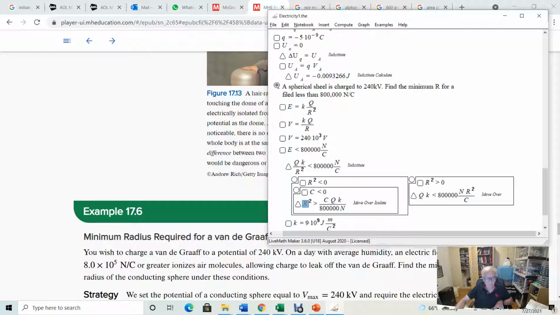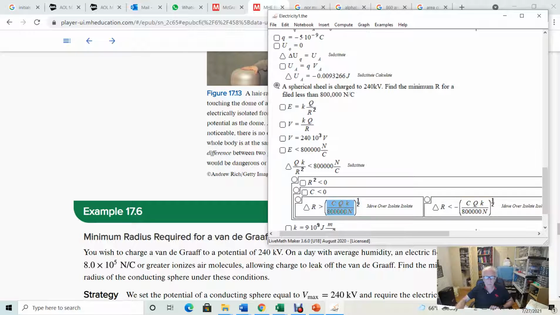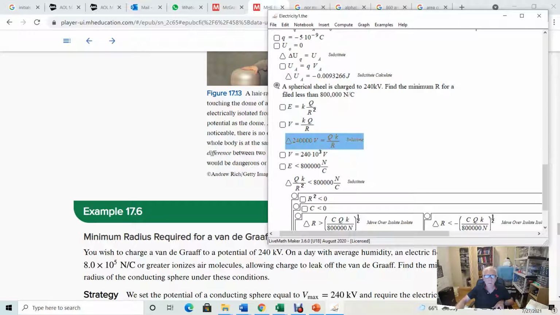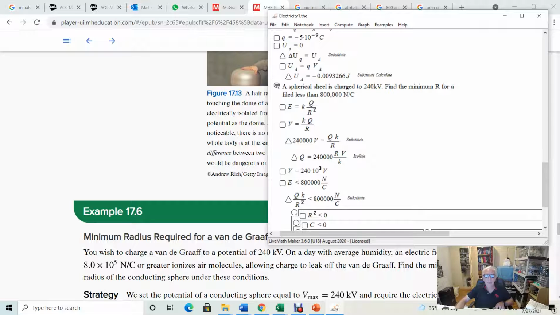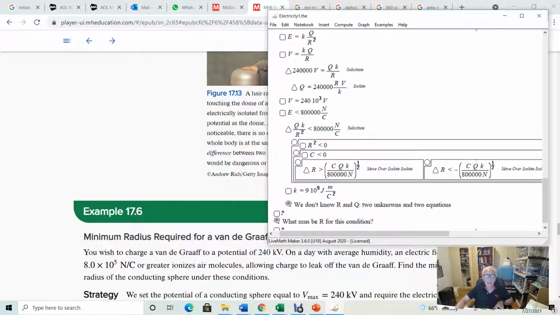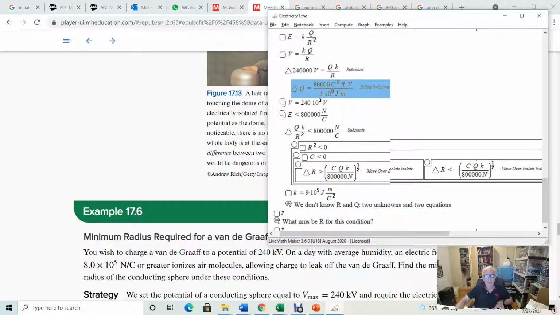Let's solve for the square root. I don't have Q. I do have K. Let's find out what Q is in terms of R, by the way. So we substitute this value here. We solve for Q, and we substitute for K.